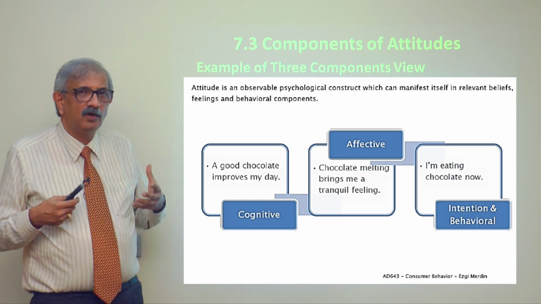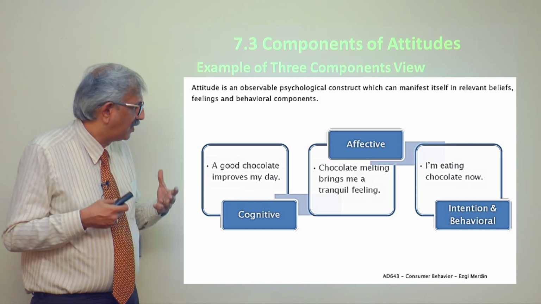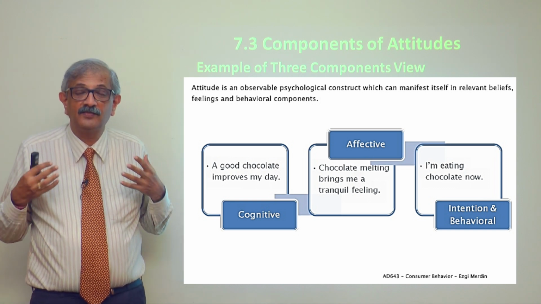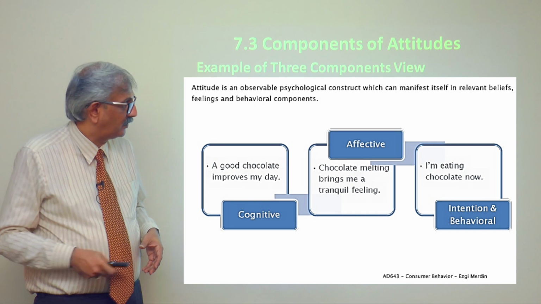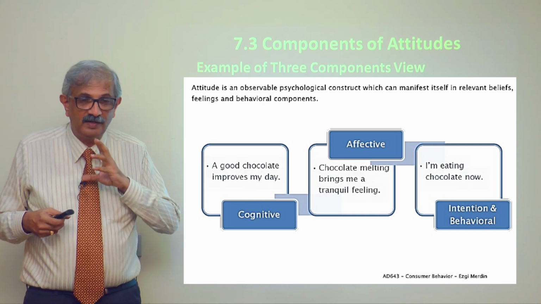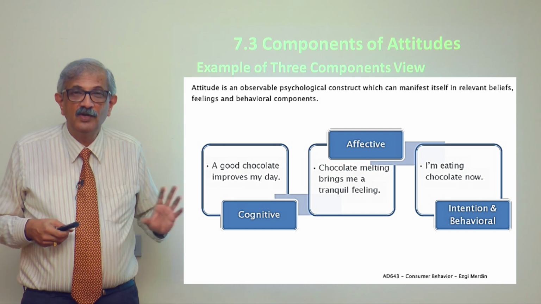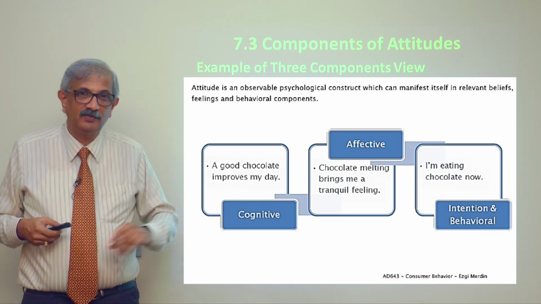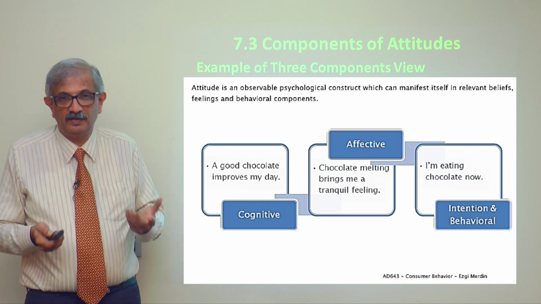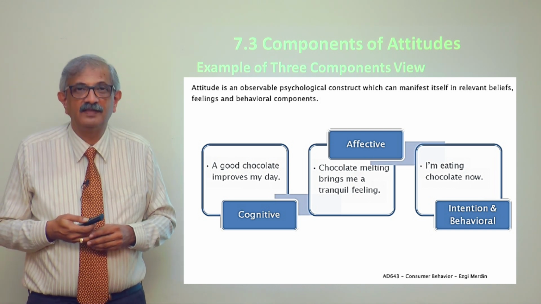Affective: chocolate melting in my mouth brings that tranquil feeling. That's why I feel very positive. Behavioral: I purchased a chocolate and I am eating a chocolate now. So a very simple way to express this tri-component model through an example. I hope it makes sense for you.